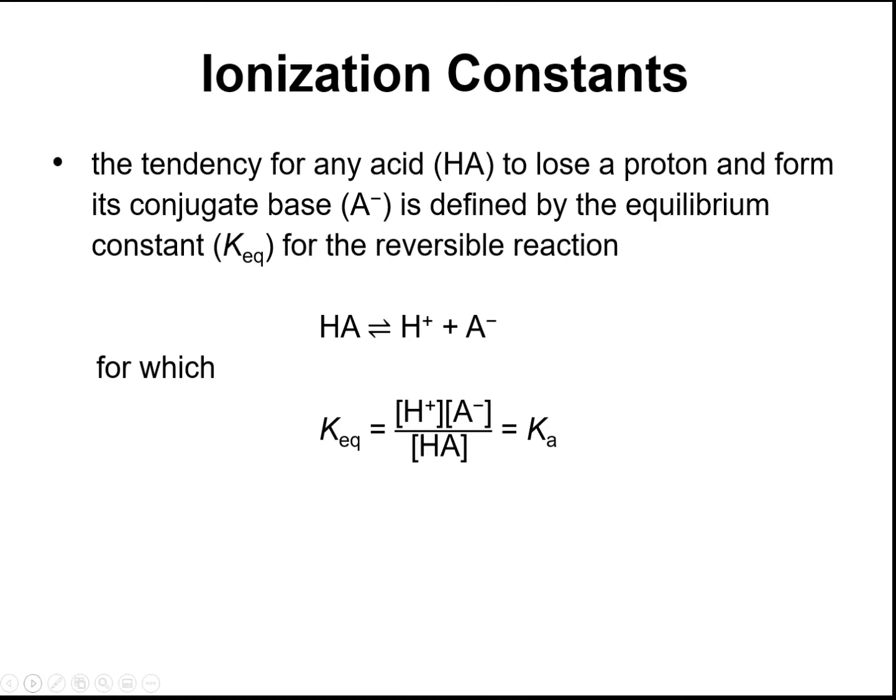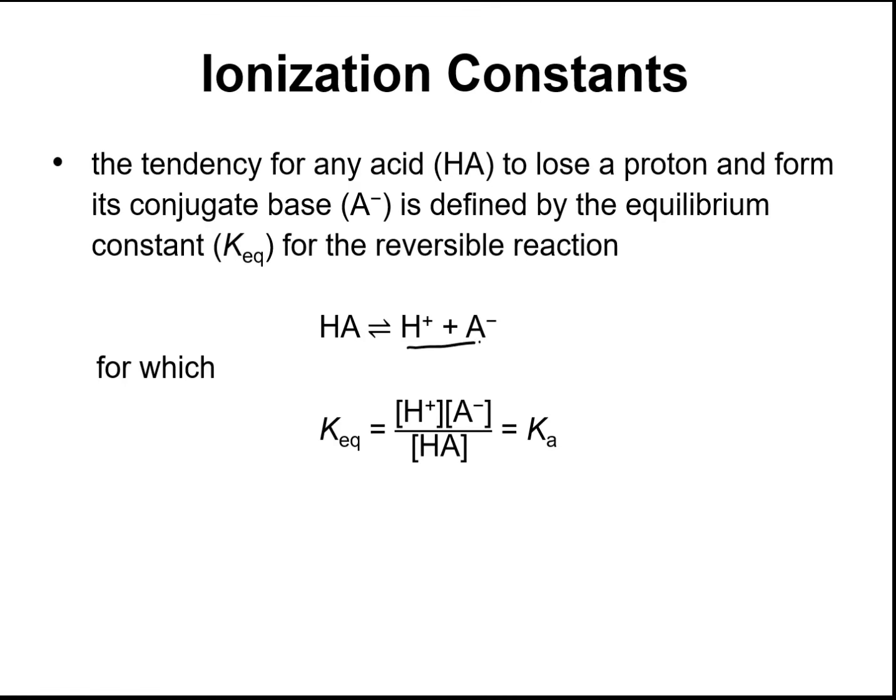When we're talking about equilibrium constants with water, we can move that same concept forward to talk about acids and bases, but we're just going to focus on acids here. That same little generic equation, that's what we're going to use to define our terms. We have an equilibrium constant for this reversible reaction.